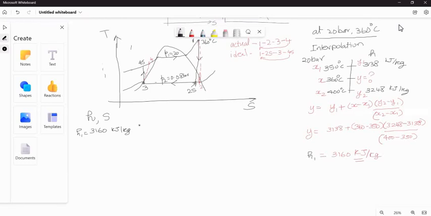And then the same interpolation you can do for the entropy also, same interpolation: 6.9917 kilojoule per kilogram Kelvin.